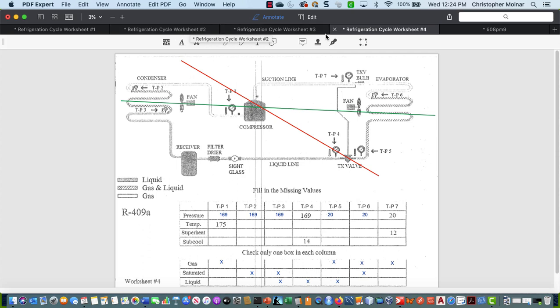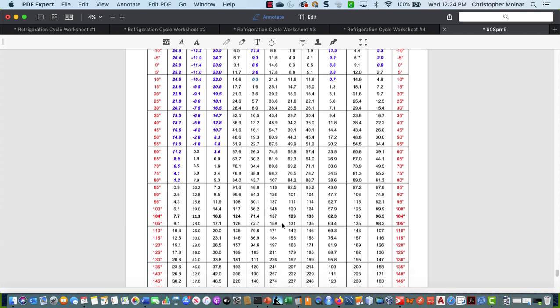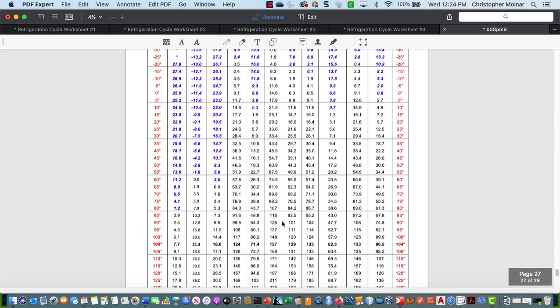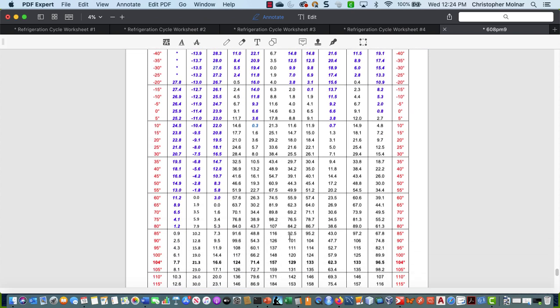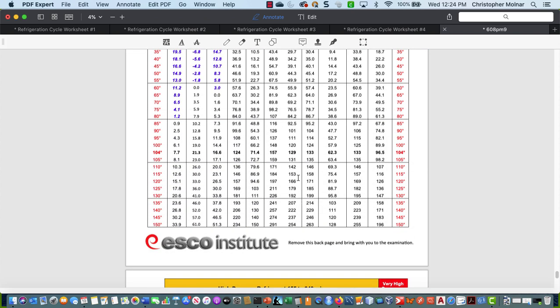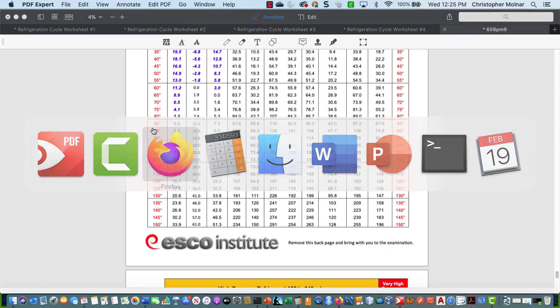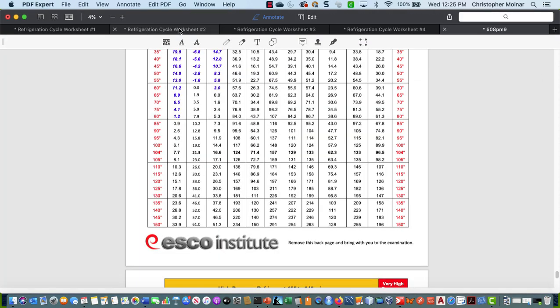That's the left-hand column. So 169 PSI is going to be right around 122 degrees. So I'm going to go ahead and use 122 degrees.